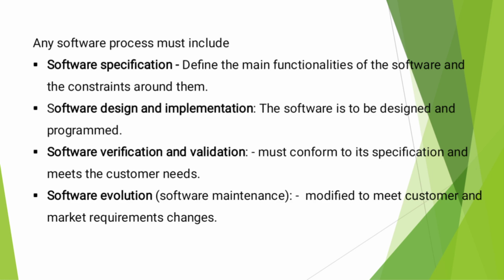That is, first design the architecture, then implement and program it. Then the next one is software verification and validation. After programming, it must conform to its specification and meet the customer needs. Then software evolution, that is the maintenance stage. In the maintenance stage, the software is modified to meet customer and market requirement changes.